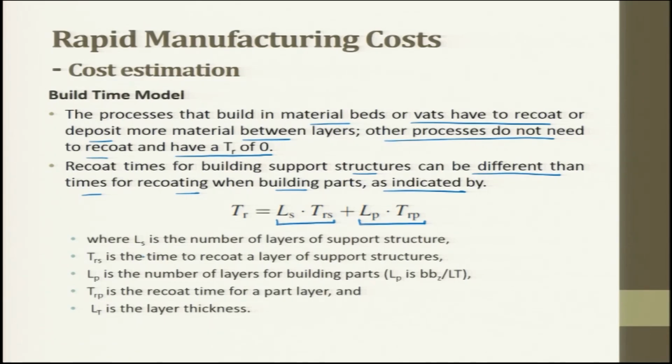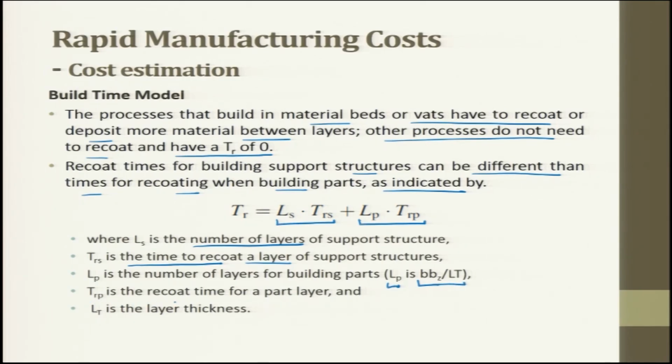So, what is LS? LS is the number of layers of support structures, and TRS is the time to recoat a layer of support structures. So, this is the number of layers and the time to recoat a layer. LP is the number of layers for building the part, that is LP is equal to BBZ, the Z direction, divided by LT.